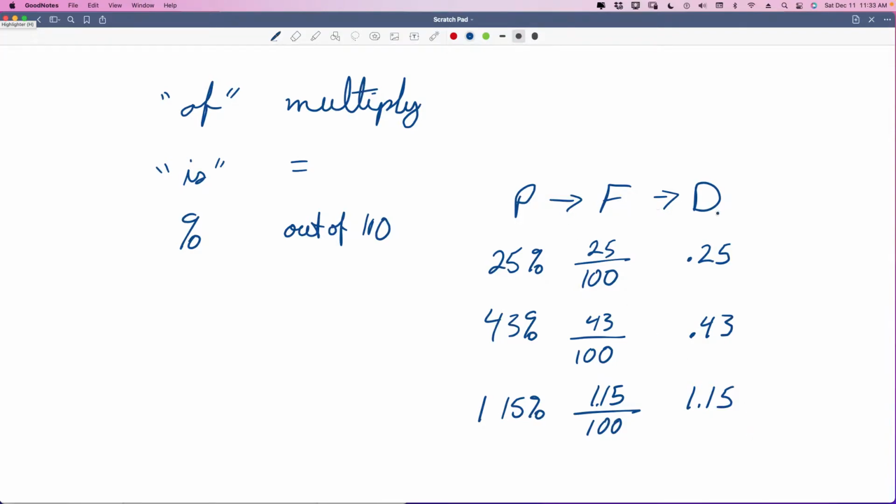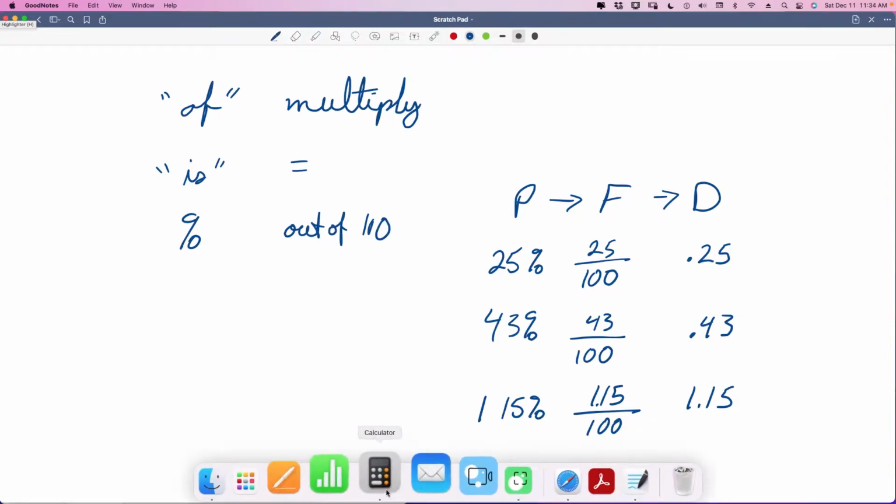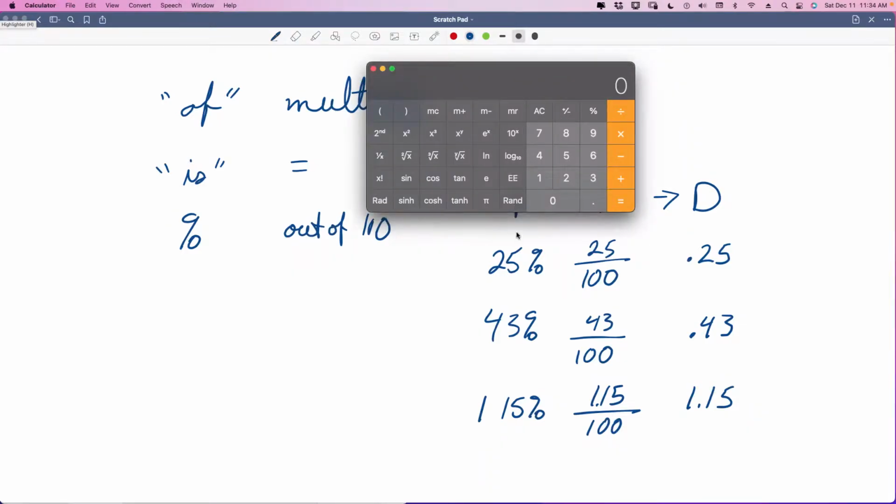Percent to fraction to decimal. And if you're not sure exactly where the decimal goes, just get on your calculator and divide the fraction. 25 divided by 100 equals 0.25. 43 divided by 100 equals 0.43.